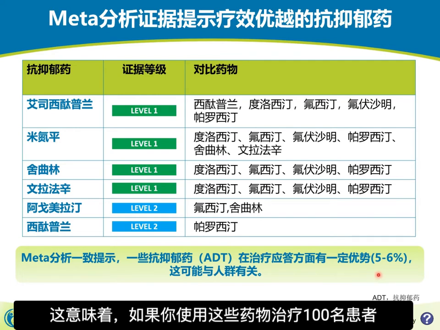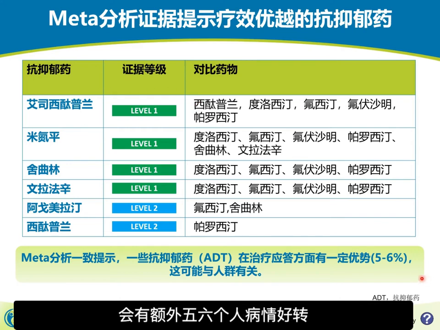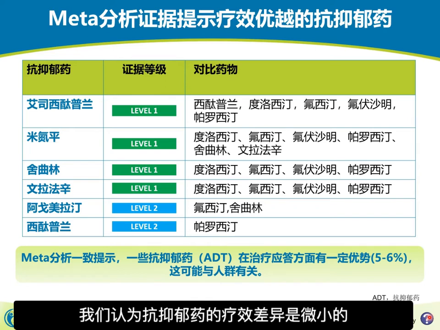It really means that if you treat 100 patients with one of these medications, you're going to get an extra 5 or 6 people better compared to using these medications. So for that reason, we did feel that there were small differences in efficacy with some antidepressants.